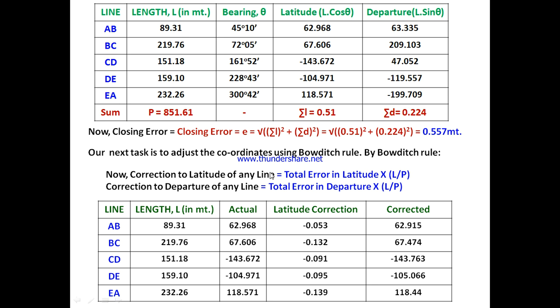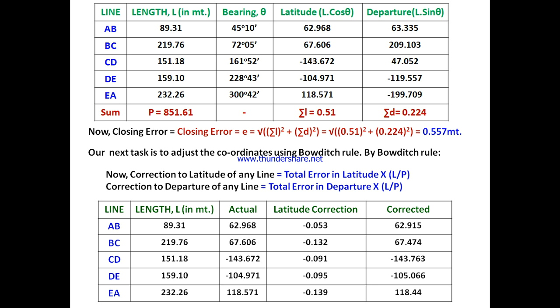For calculating the correction according to the formula, total error in latitude, 0.51, into the length of the traverse line, suppose here 89.31, upon 851.61.